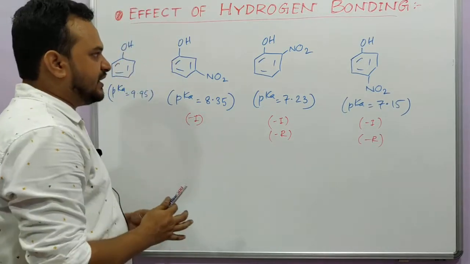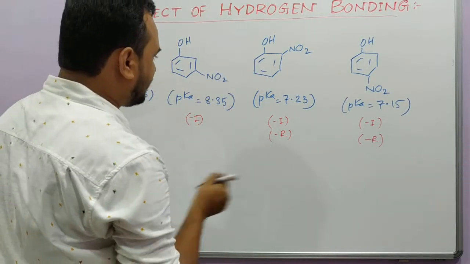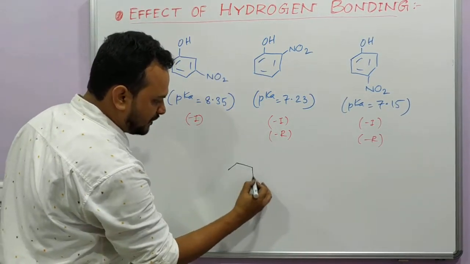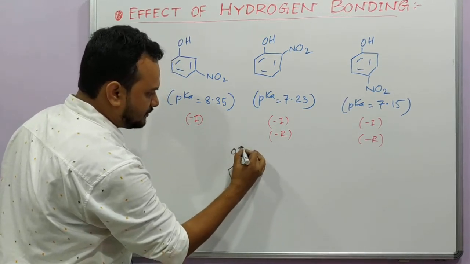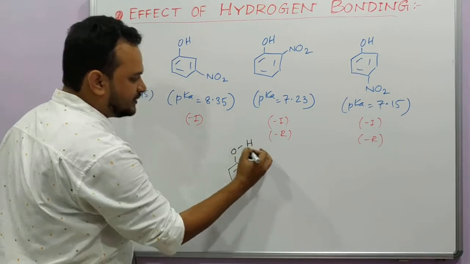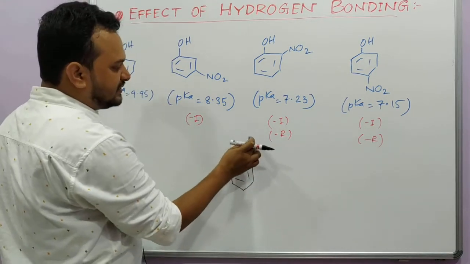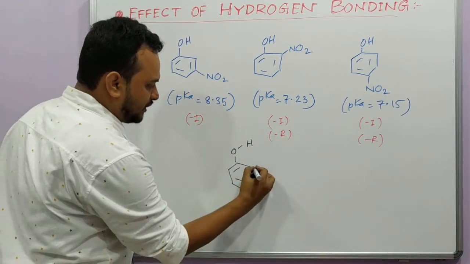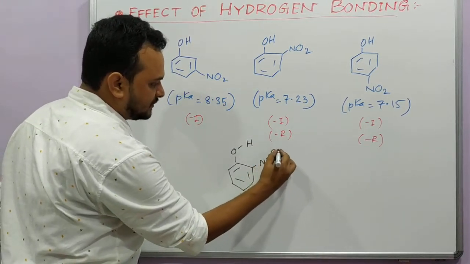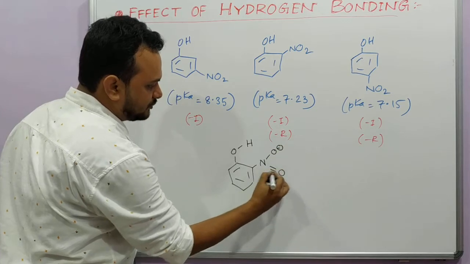We can explain it in terms of hydrogen bonding. When we take orthonitrophenol, we are actually seeing how easily this hydrogen can be liberated as H+. So when you are taking orthonitrophenol, this is the structure of orthonitrophenol.